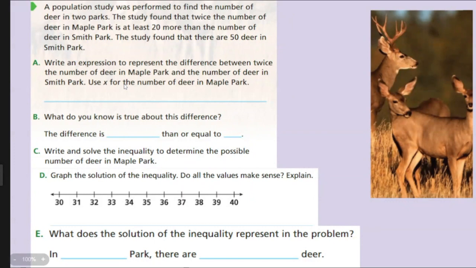Okay, so we know that the problem is about deer and parks, and we're comparing the number of deer in 2 parks. So let's reread the problem, right?